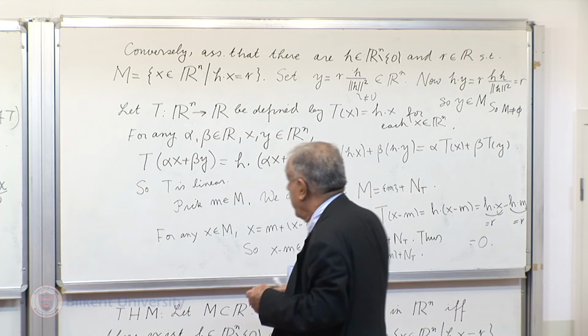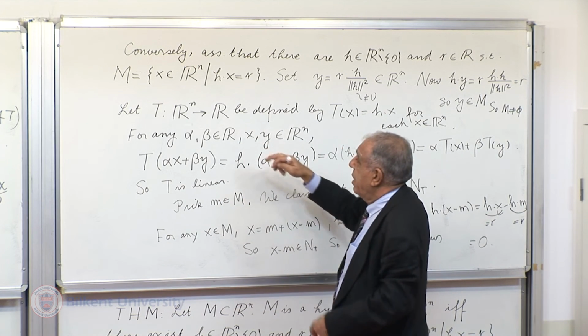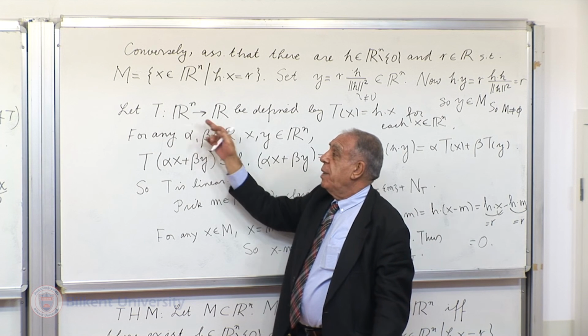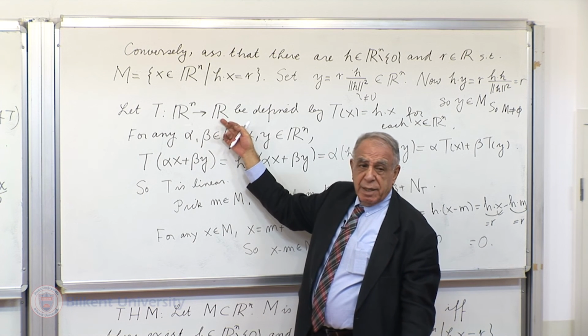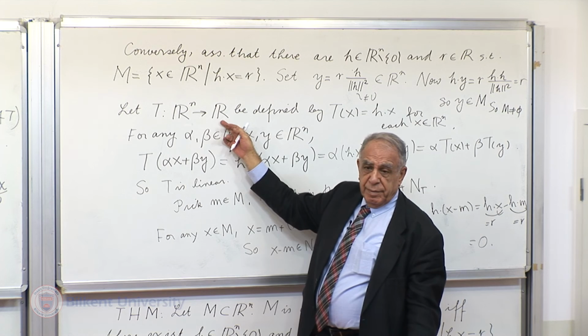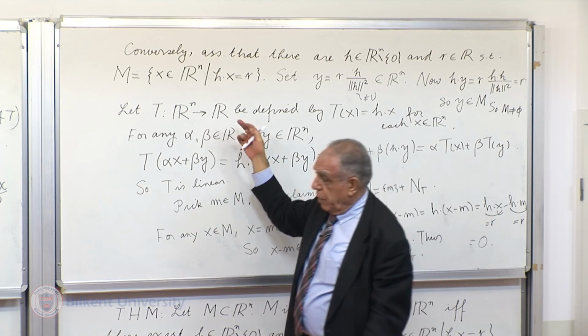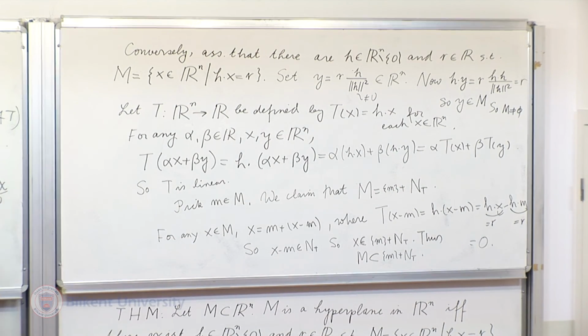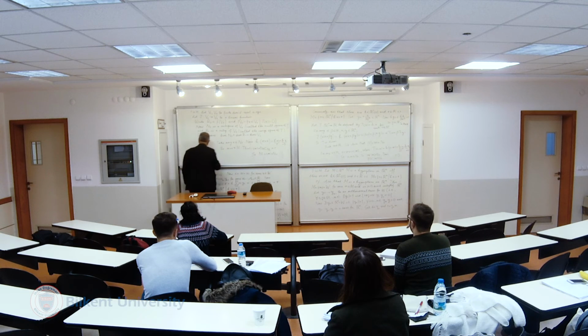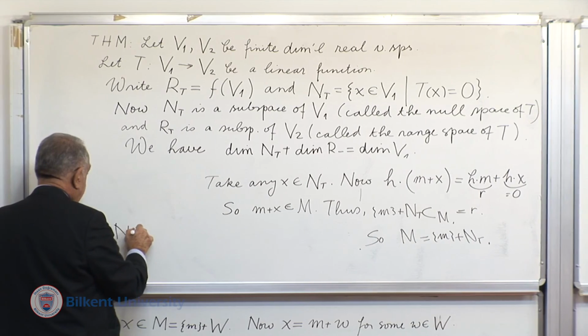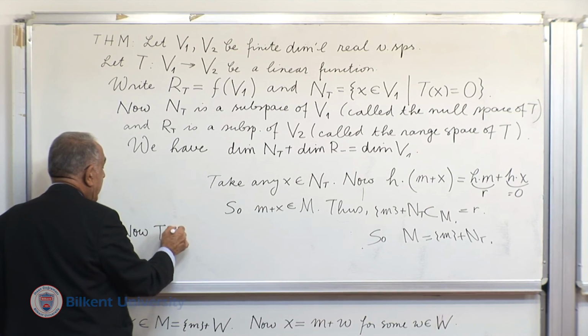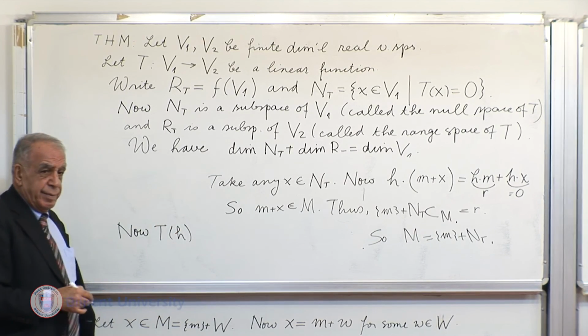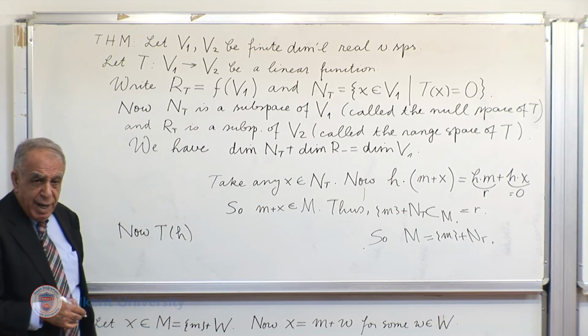So, is it possible that the range space of this is singleton 0? No. Now, what, for example, is T of h? h is in Rn.